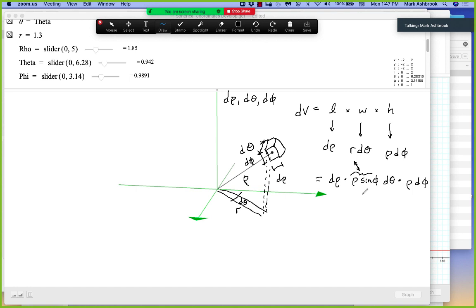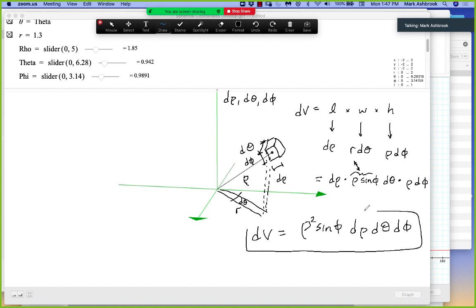So here's my dV. I'm going to have rho sine phi equal to r from the r d theta, and then I have another rho from the rho d phi. So I get rho squared sine phi d rho d theta d phi. That's going to be my differential of volume for spherical coordinates.